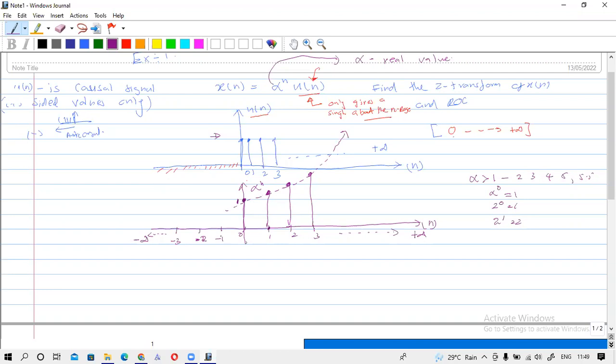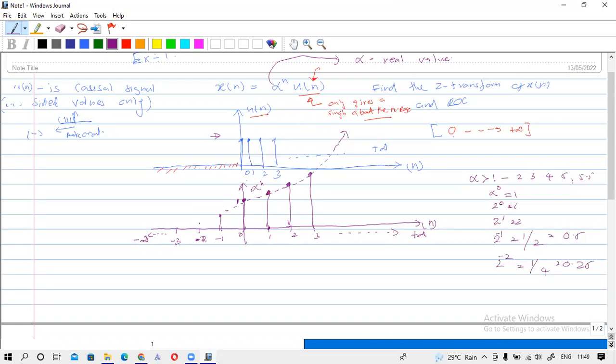If you consider the minus 1 sample, that means 2^-1, that means 1 by 2, so you will have 0.5. It is less than 1. If you have minus 2, that means 2^-2, that means 1 by 4, that is 0.25.